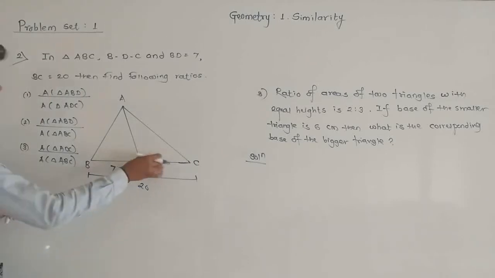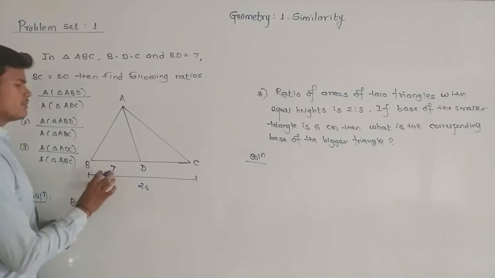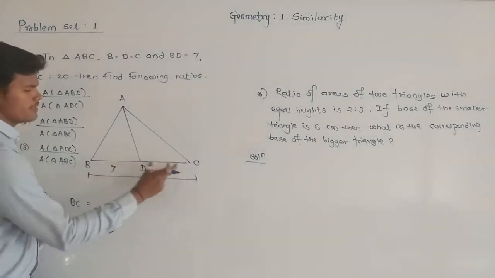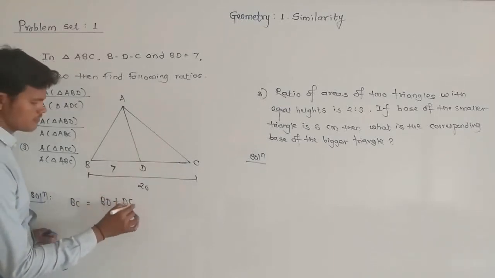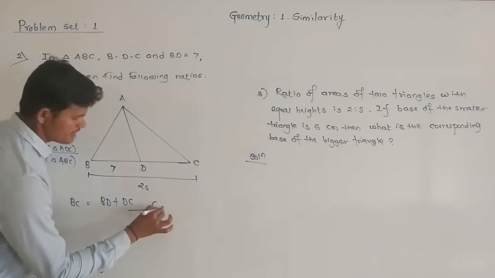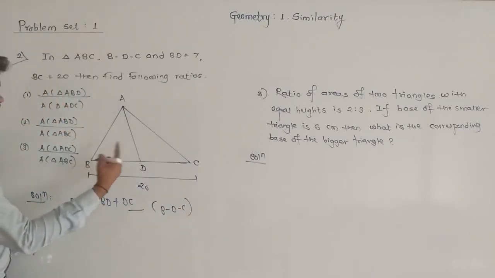Okay, so first find the length of DC. Here segment BC is formed from BD plus DC, because B-D-C, all three points lie on the same line.